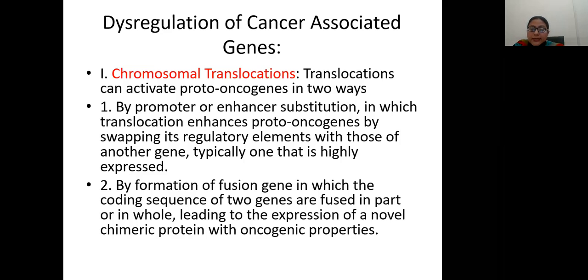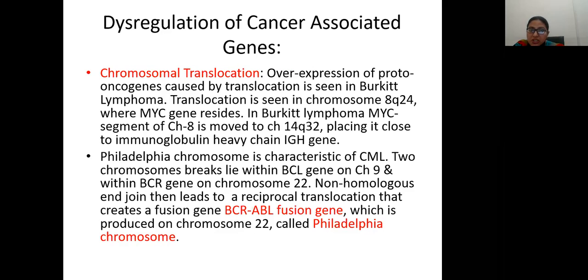Clear? This is an example of chromosome translocation. Overexpression of a proto-oncogene caused by a translocation is seen in Burkitt lymphoma. The example of a translocation is Burkitt lymphoma.